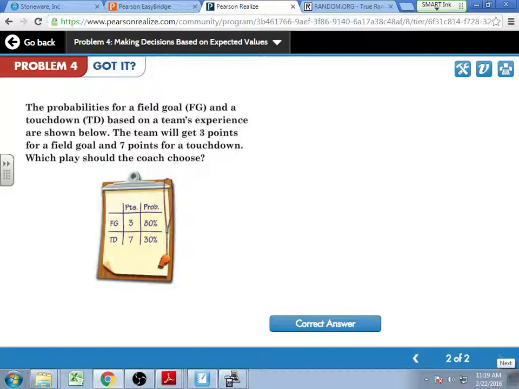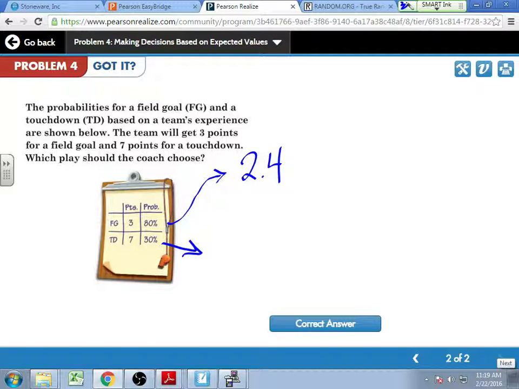So my probability of getting a touchdown here is 30%. But my kickers are sick too. I only have an 80% chance of a field goal. So what would that expected value come out to be? 80% of 3 points, 0.8 times 3, is 2.4.